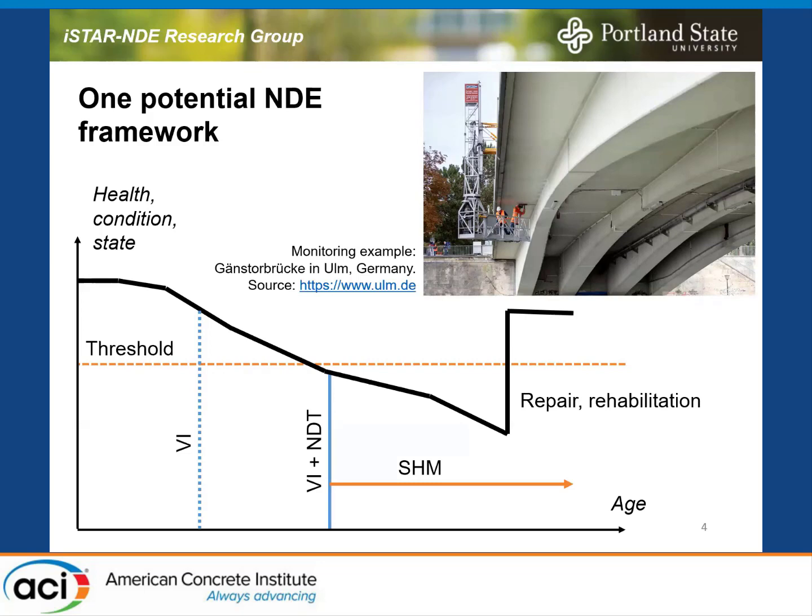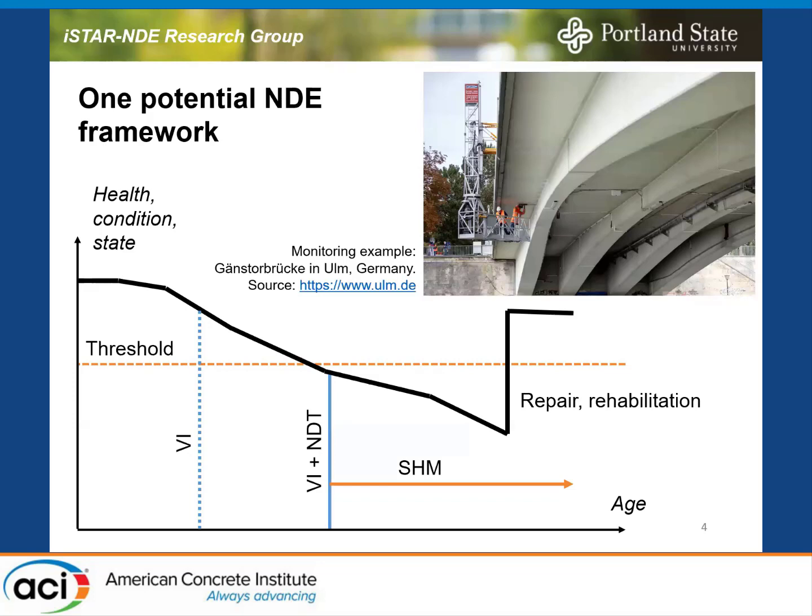Using the example of a bridge, we might go in with visual inspection and NDT to closely determine the state. If that's below the threshold, then we might install a monitoring system, so from then on we can keep track of changes. And at some point, when SHM tells us we have enough deterioration, we might repair it and bring it up to a new, better level.